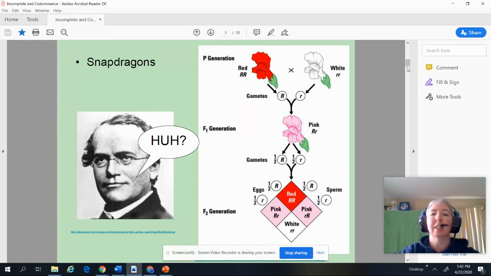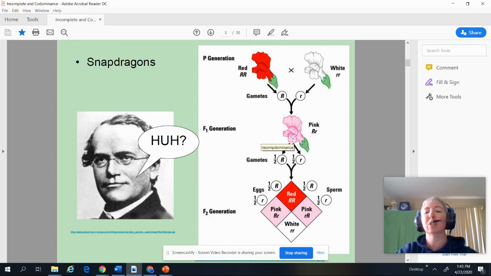For instance, this snapdragon. If I have a red snapdragon, which is homozygous dominant red, and a white snapdragon, which is homozygous dominant white, they're not complete dominance, they're incompletely dominant. So the red doesn't cover up the white. They blend and mix to create a pink snapdragon as their offspring.